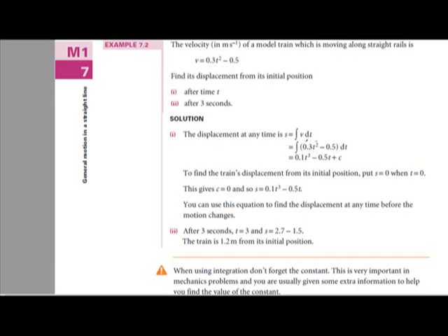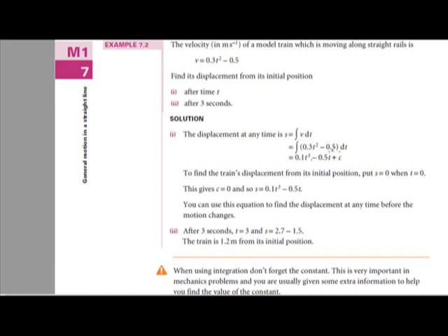To get the integral of this, it will be 0.3 divided by the power of t plus 1, so 2 plus 1. 0.3 divided by 3 is 0.1. Then we remain with t to the power n plus 1, which is 2 plus 1, which is t cubed, minus 0.5t, plus a constant of integration.